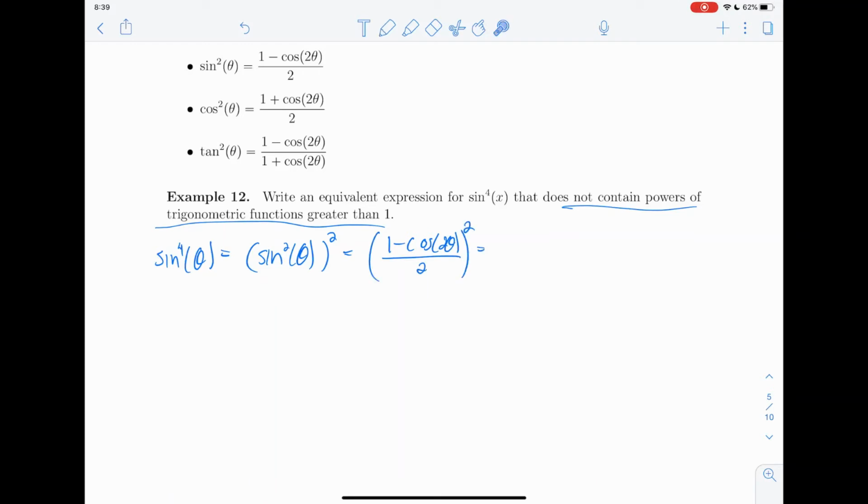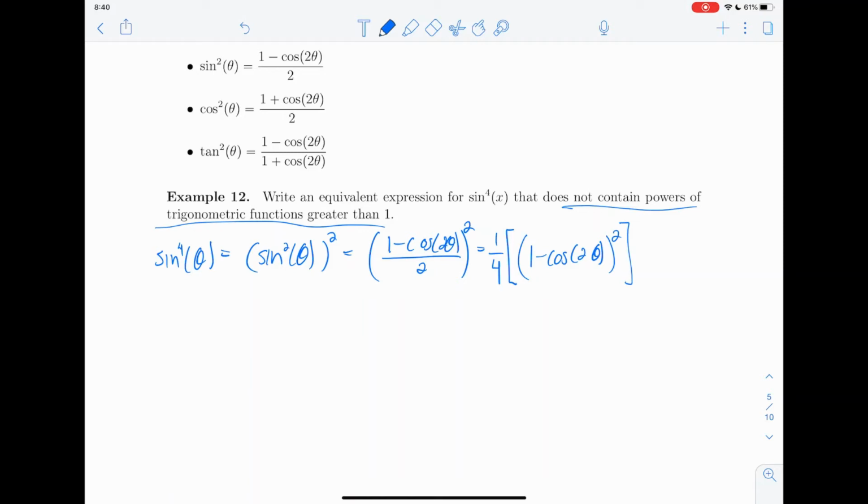Which I'm just going to pull that 1/2 out because that's just going to go along for the ride. So we're going to get the square of 1/2 is 1/4 times 1 minus cosine of 2 theta squared.